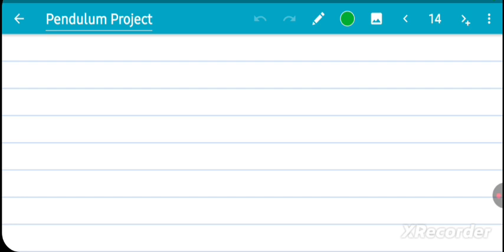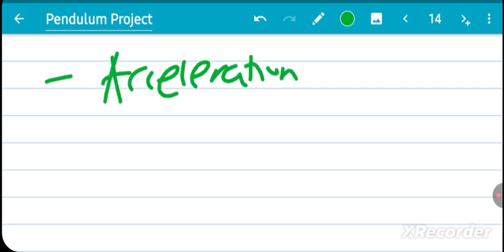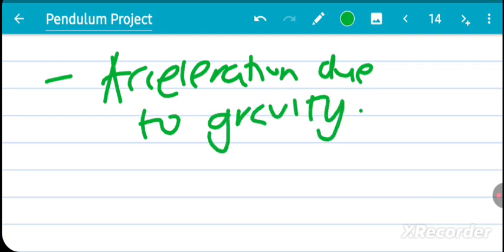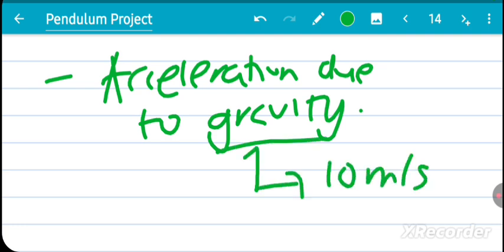And lastly, the third controlled variable is acceleration due to gravity. Luckily, you don't have to do anything to keep this constant because it is already constant for all objects near the Earth's surface. The figure is 10 meters per second squared. We could also add air resistance and everything, but that's implied.